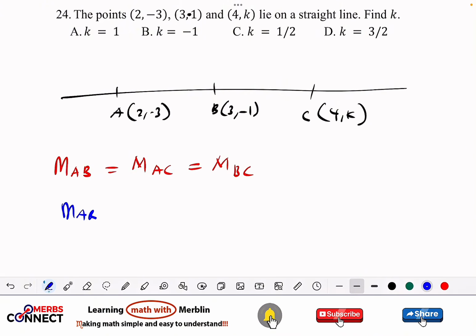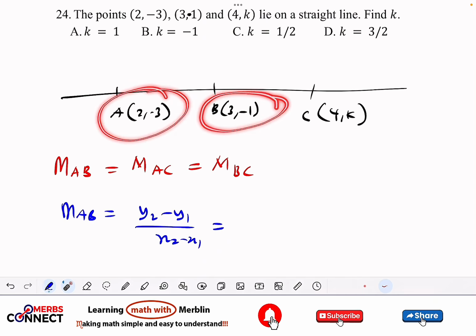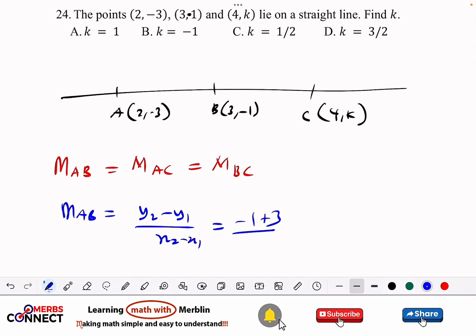So slope of AB will be equal to, so I'm going to have minus 1. Okay, slope is change in y over change in x. So this is going to give me minus 1 plus 3 divided by 3 minus 2. So I'm going to have 2 divided by 1, which is 2, right?